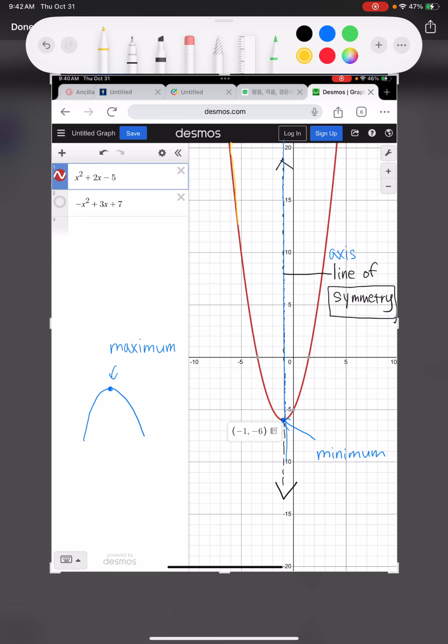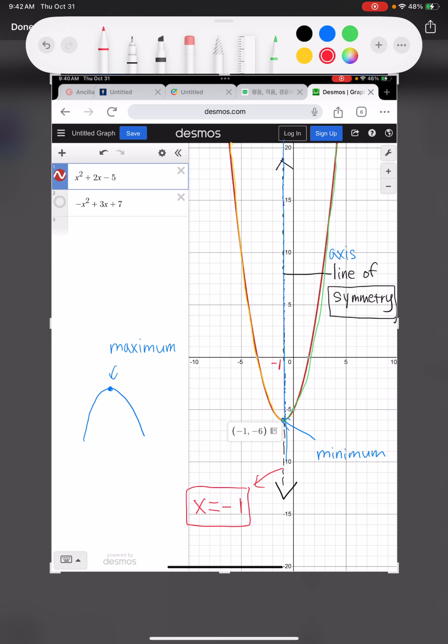So one side, this side, is exactly the same as the other side. So that means this line is the line of symmetry or axis of symmetry. And so I'm gonna write, this line is where your x value is -1, so this line's equation is x equals -1.